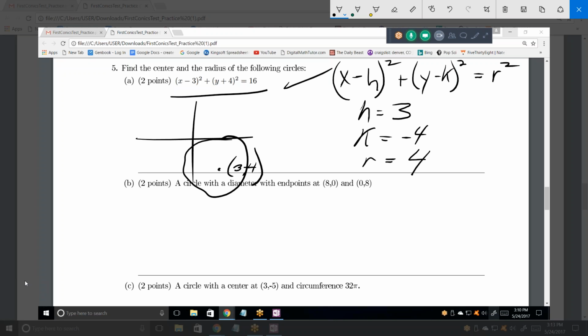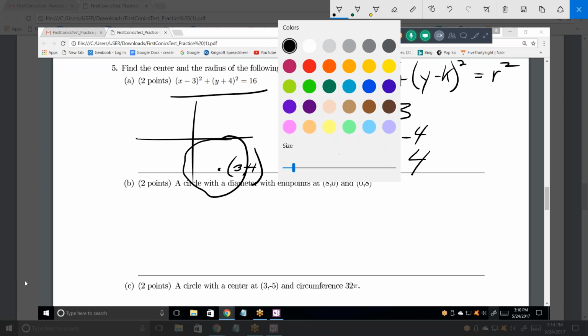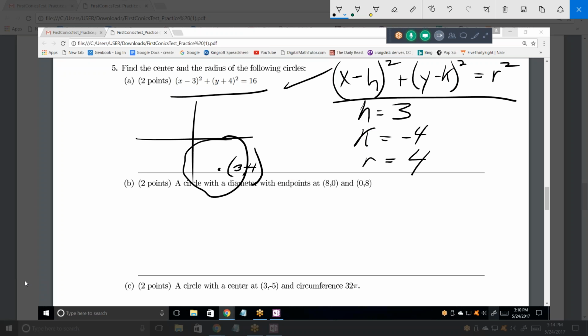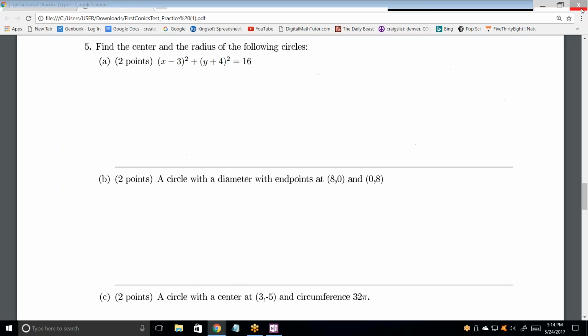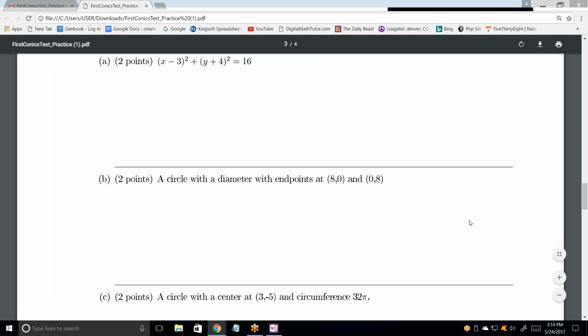One is the center, and the other is the radius. That's it. And this general formula solves for all three. That gives you h and k, which is the center, and you can calculate r, which is the radius. All right. Let's go on here.